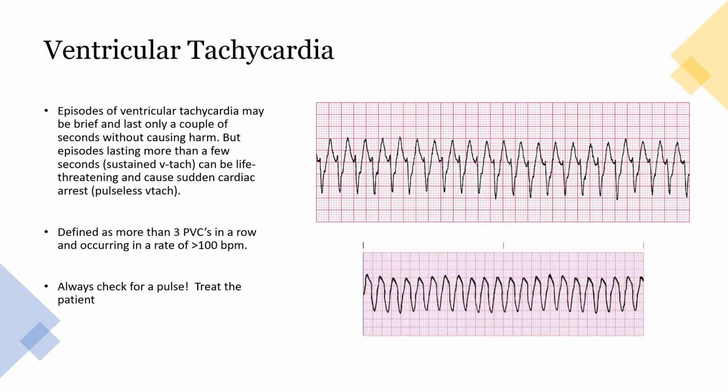So does a patient have a pulse or not? We're treating the patient. So think about if we approach a patient in the patient's room or even on the street and we check for responsiveness, we are going to check a pulse. What do we do if there's no pulse? We're going to start CPR. So think about VTAC. We're going to assess the patient, check for a pulse. No pulse, we start CPR.